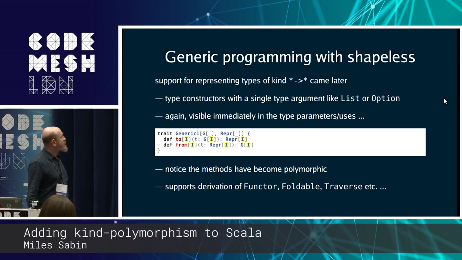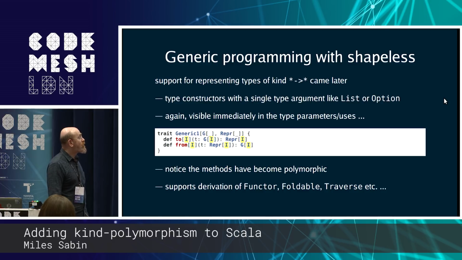And this gives you a really interesting new class of type classes which it becomes possible to derive automatically. So, for example, we can derive instances of Functor, Foldable, Traverse, all of the usual tower of functional programming type classes become accessible with this.